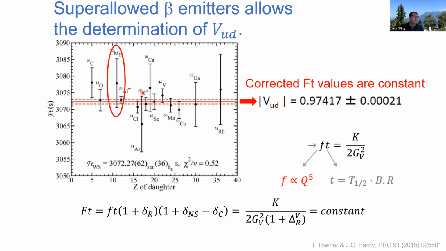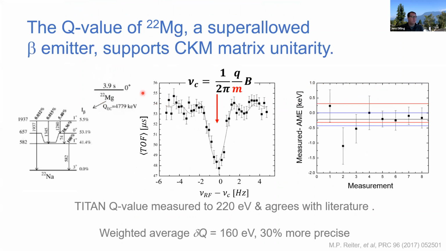Now we want to focus on magnesium-22, which, as you see, has fairly large error bars, and we try to boil that down to get a better understanding of that. So magnesium-22 decays to sodium-22, and we are interested in extracting this Q value here, and we are doing that by determining the mass. And this is how the mass plot eventually looks, by measuring this frequency here.